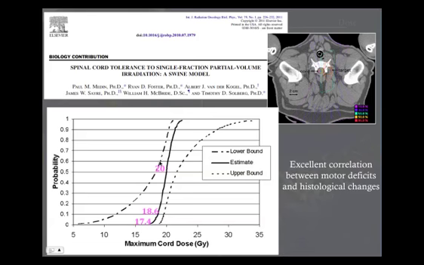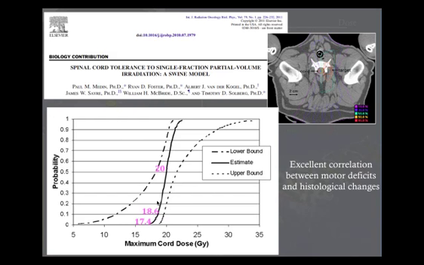He did find that probably the cord tolerance curve is very, very steep. So at a dose of 17.4 gray, you have a 1% probability of radiation-induced myelopathy. If you raise from 17.4 to 18.6, you already increase to a 10% possibility.